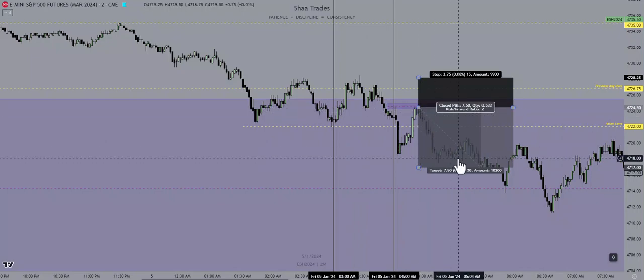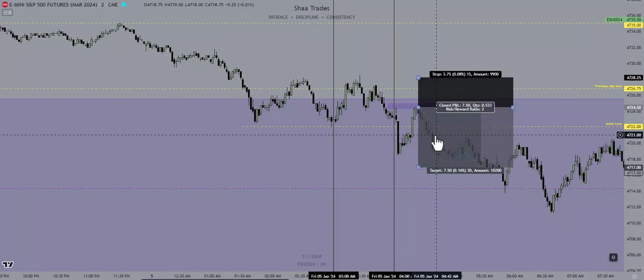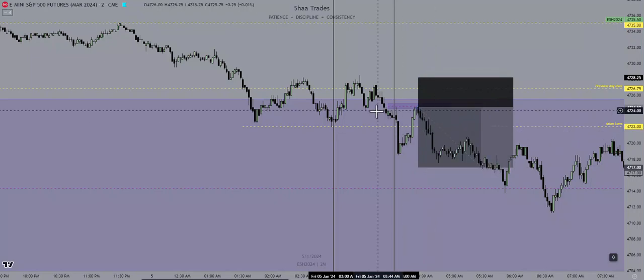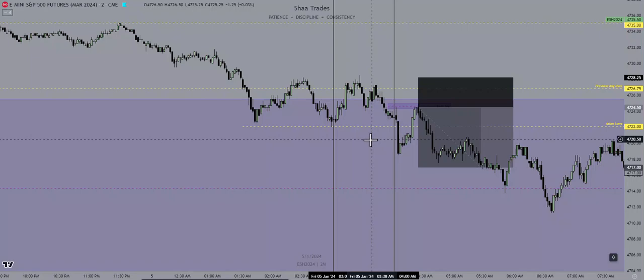But this is a great example of the 2022 model as well, right? Created displacement and then breaking down, and also knowing the draw on liquidity. So if the price already showed me inside of the 3 to 4 a.m. silver bullet hour that it wants to break down and give me an opportunity to enter within that hour, then I would have taken that trade.